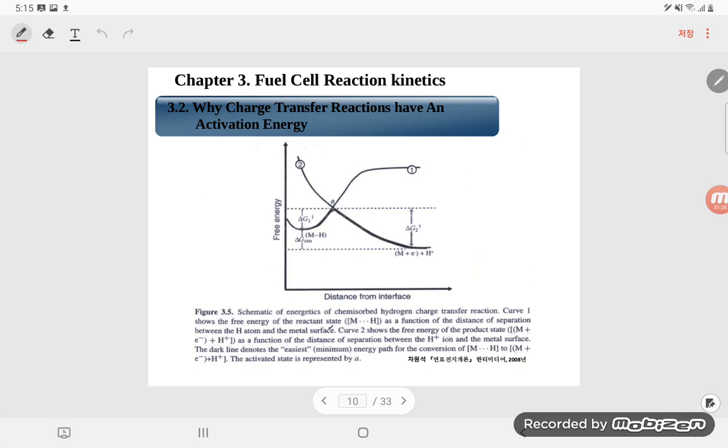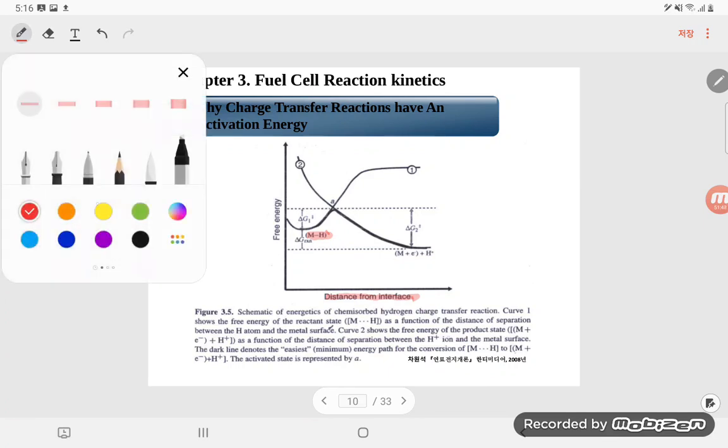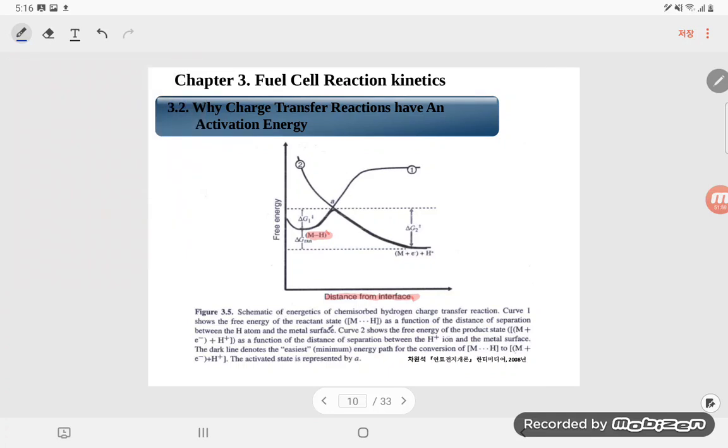Okay, then what is this one? One refers to the MH chemisorbed, right? So this x-axis indicates the distance from the interface, right? And the second one is decomposition into the hydrogen ion and electron, right?